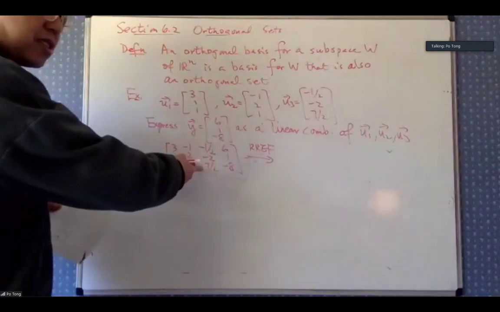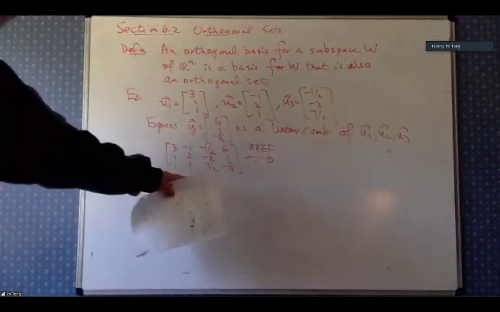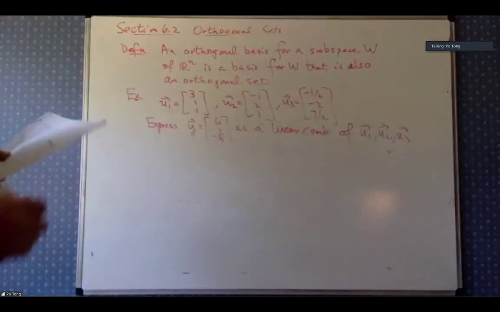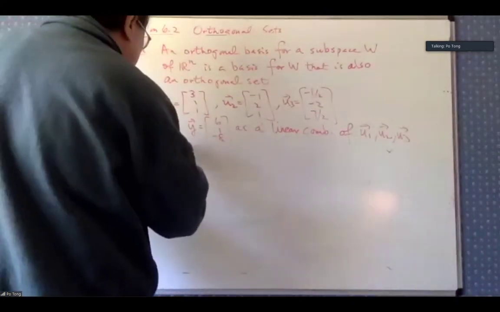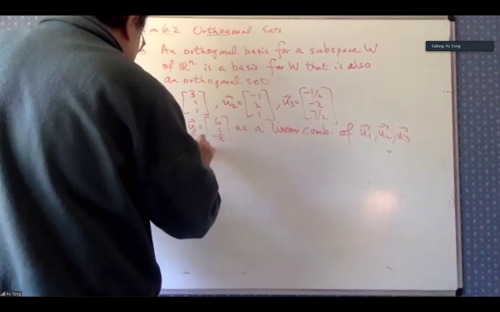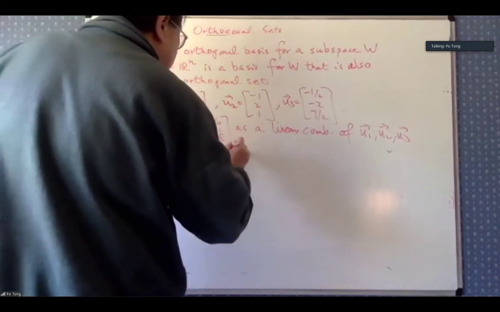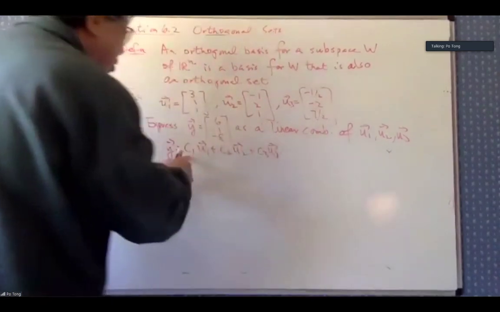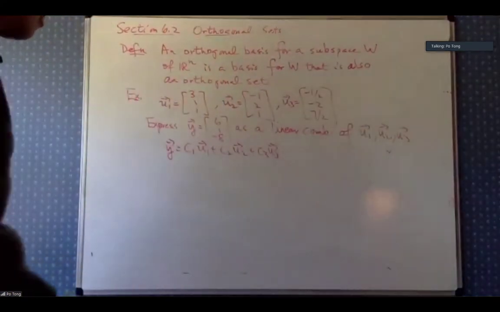I'm not going to do it this old way, okay? Of course, you know how to do this. We have done this so many times. So in this particular time, we are going to write y equal to c1 u1 plus c2 u2 plus c3 u3. And we want to recover the coefficients c1, c2, c3.